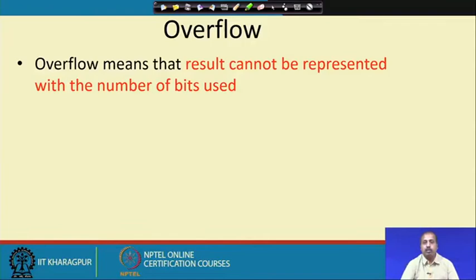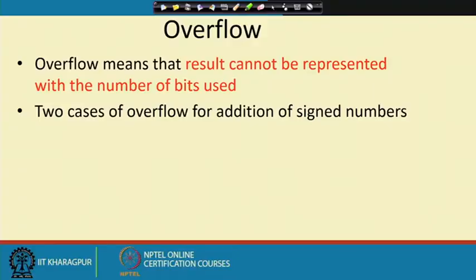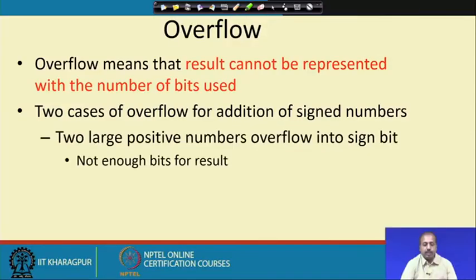So, when we are doing additions, say two 4-bit numbers, the result can go to 5 bits. So, if I am using only 4 bits for the realization, there is an overflow. Particularly for the 2's complement number system, when I am doing subtraction, it can occur quite often. There can be two cases of overflow for addition of signed numbers.